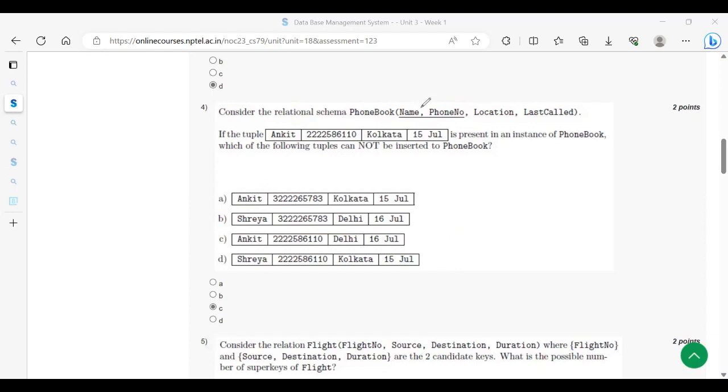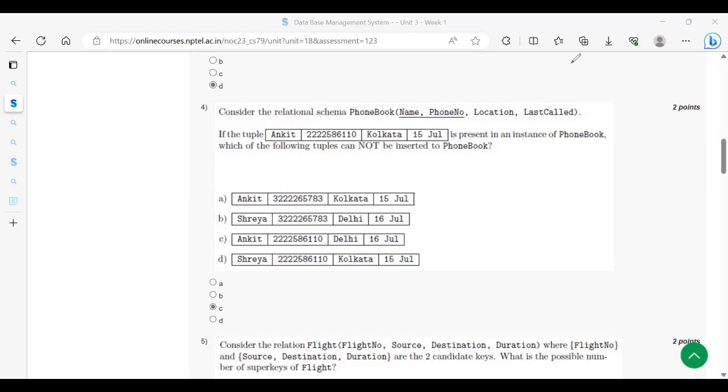Remember, if you underline here, this is called a primary key, which should not be null and should not be a duplicate. So already they mentioned Ankit, 42581110 inserted. Again, you should not insert here. That's why we mentioned C. So this is the explanation for question number 4.